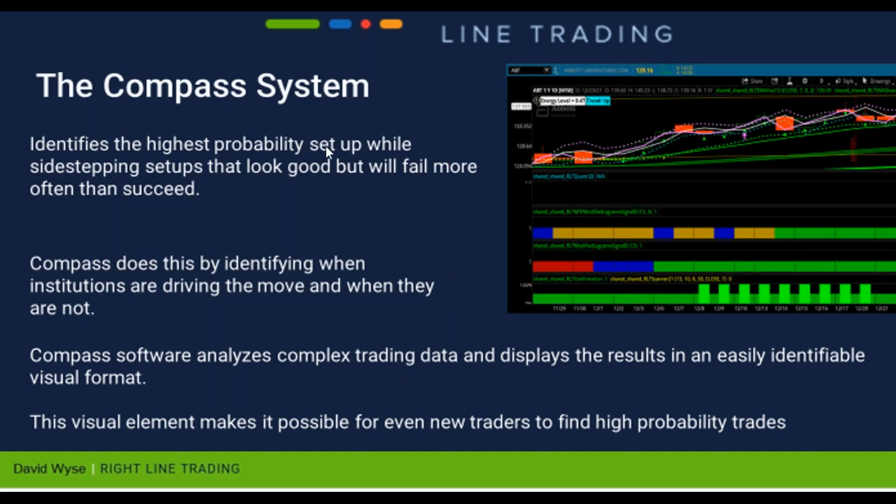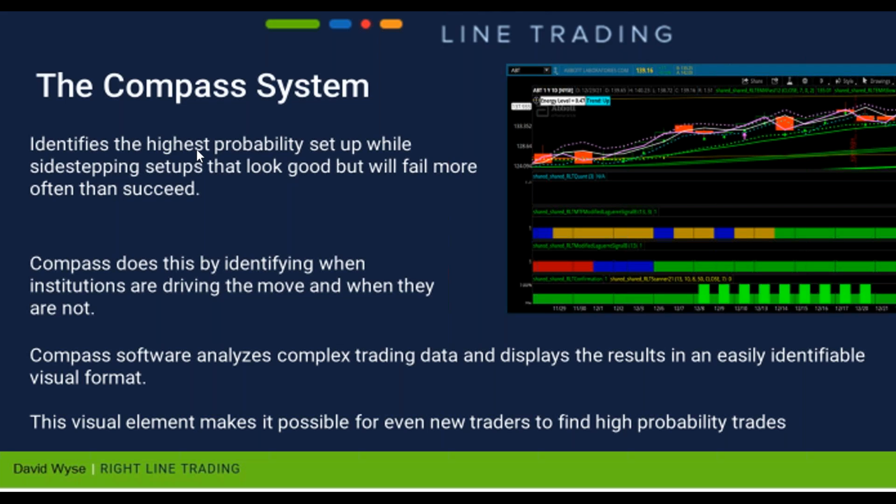Now, this compass system, which is actually the platform of the SPY super system, is the software that runs on Thinkorswim. I call it the SPY super system because it includes the strategies, the scans, things like that. But it identifies the highest probability setups while sidestepping setups that look good but will fail more often than they succeed.